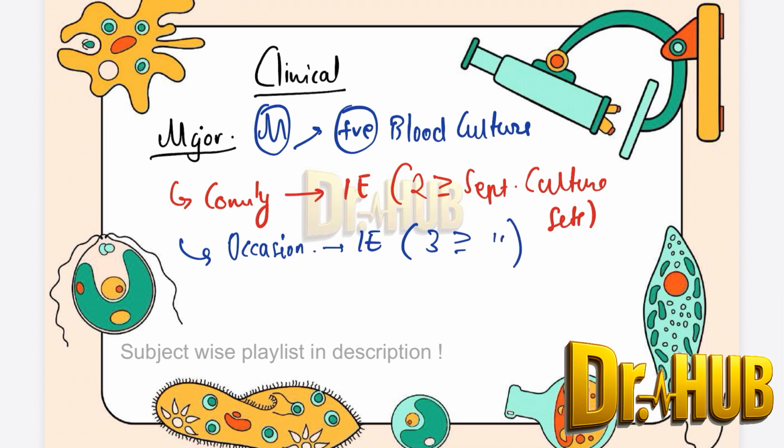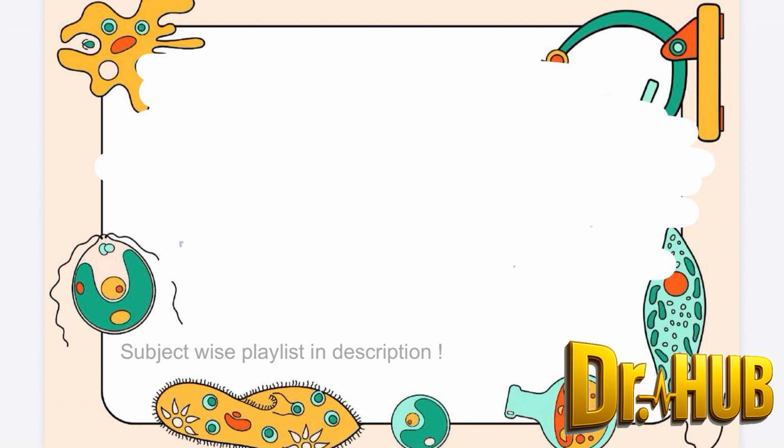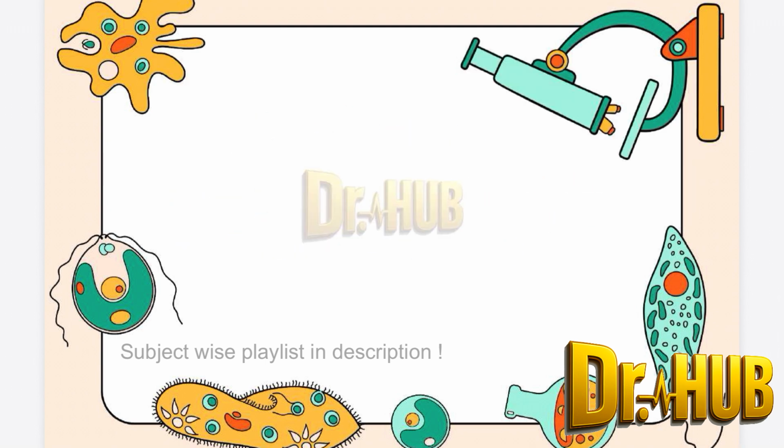Next we move on to the positive lab test, which is another part of the microbiology. This is a major criterion and it can be met if one of the following is satisfied.